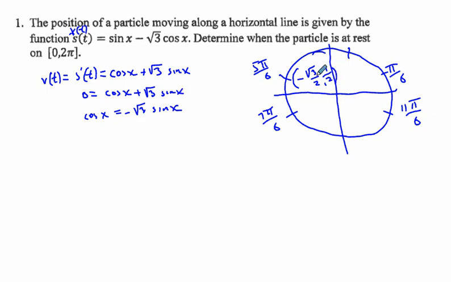Well, if we take the sine, which is 1/2, and multiply by negative square root of 3, we have negative square root of 3 times 1/2, which is negative square root of 3 over 2. So that's going to occur at 5 pi over 6 and at 11 pi over 6.